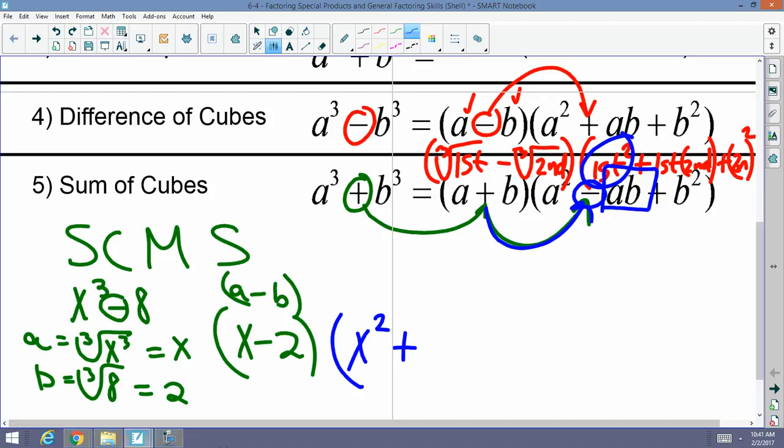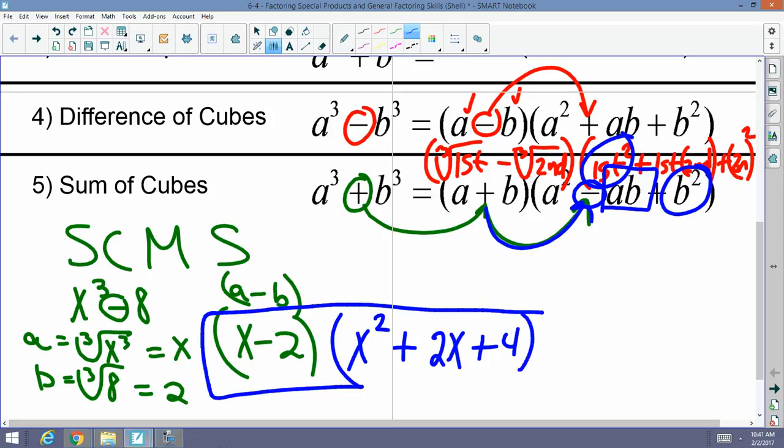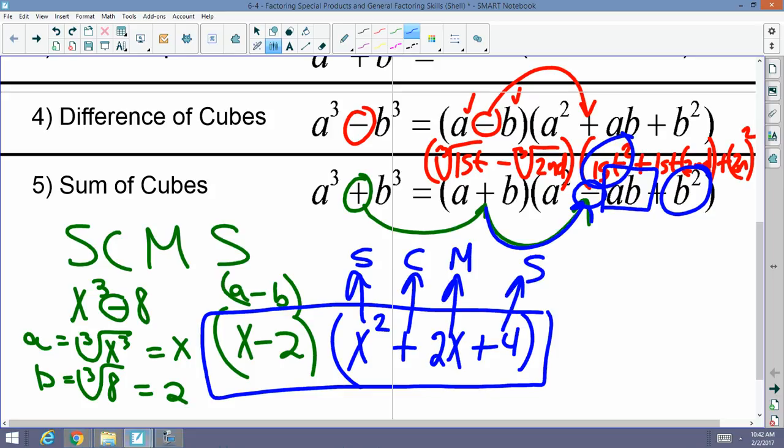So M for multiply, 2x. And then don't I square the second term? So plus 4. Schisms. Square, change sign, multiply A times B, square the second term. Schisms. Does that make sense?